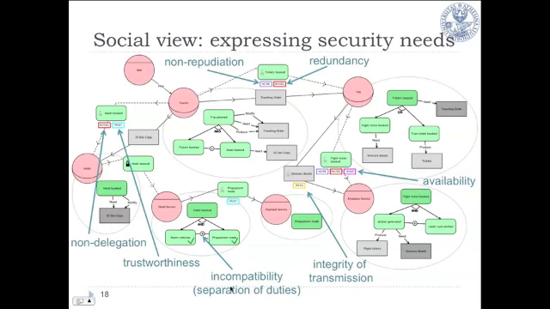And in terms of compatibility or combination and incompatibility, we have expressed the separation of duty constraint over the goals room selected and prepayment made, specifying that these two goals should not be achieved by the same actor. Whereas here, between goals ticket booked and hotel booked, we have specified a binding of duty constraint requiring the same actor to achieve these two goals.